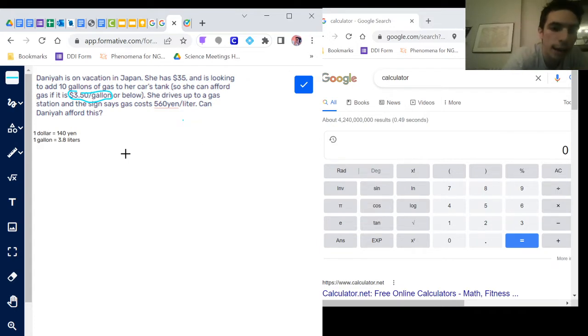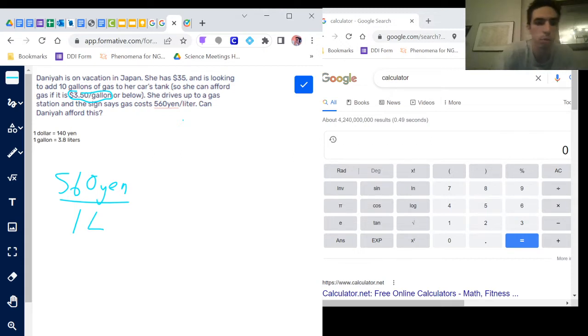So we have this measurement, 560 yen per liter, and I'm just going to use capital L, that's the shorthand for liter. Then we need to do two different conversions here, which is why we're given these two different conversion factors.